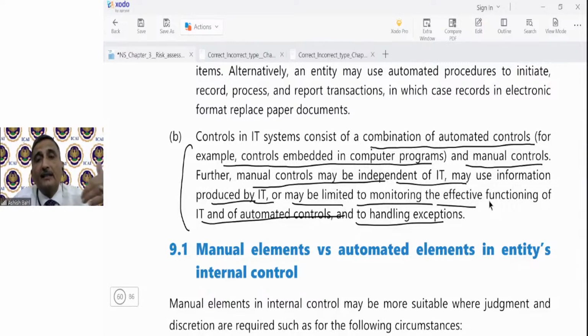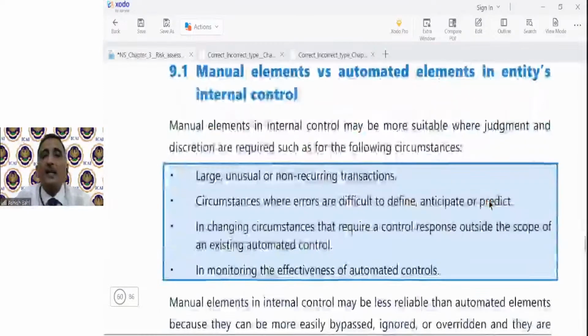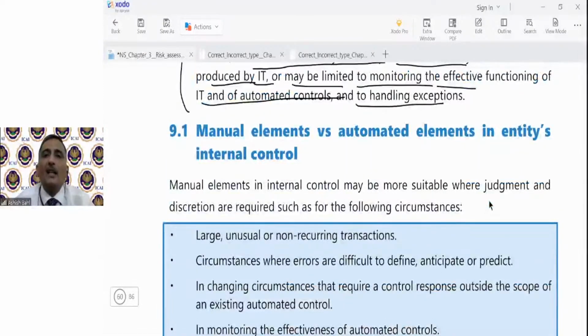Okay, so decisions are taken manually, but the decisions are taken on the basis of the reports, on the basis of data generated by IT system. So this topic is all about manual controls and automated controls. Manual elements versus automated elements in automated control.